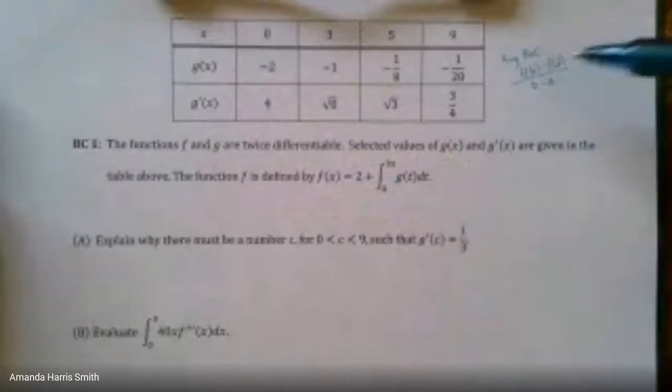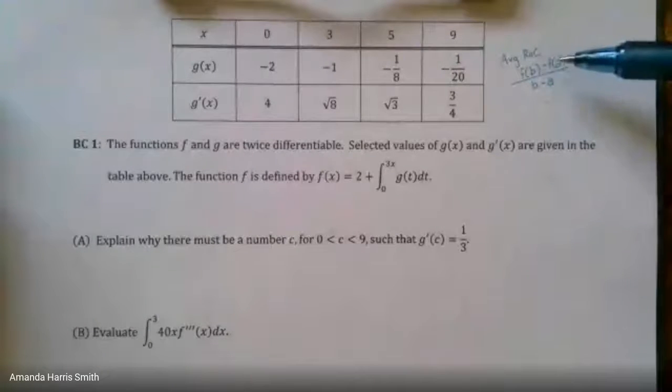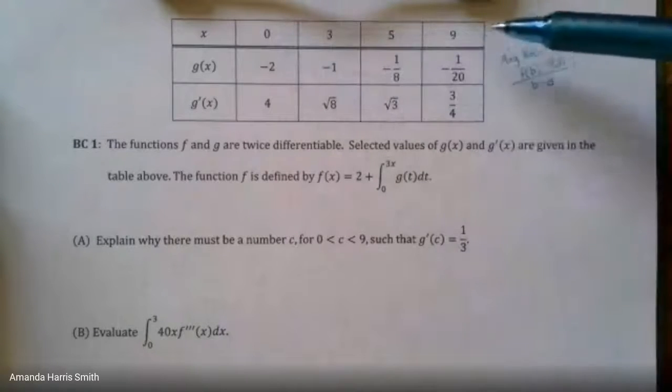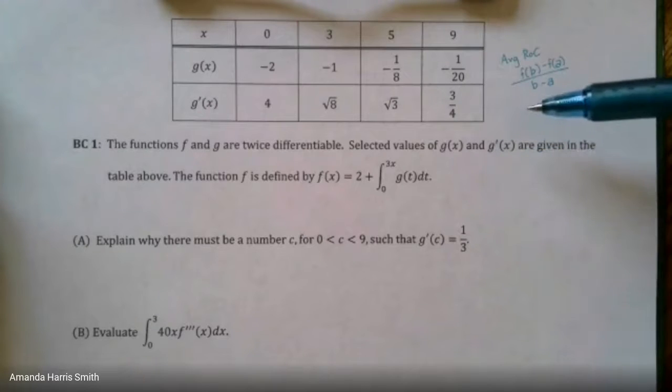The mean value theorem says that as long as your function g is continuous and differentiable, which it is, and if it's differentiable it is automatically also continuous, then the instantaneous rate of change, g prime, has to equal the average rate of change, the slope from one end of the interval to the other, somewhere in that interval.